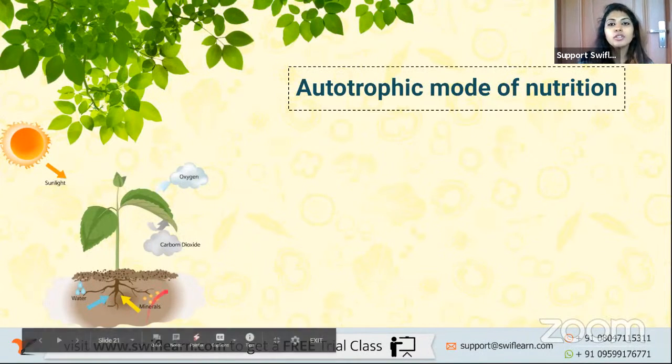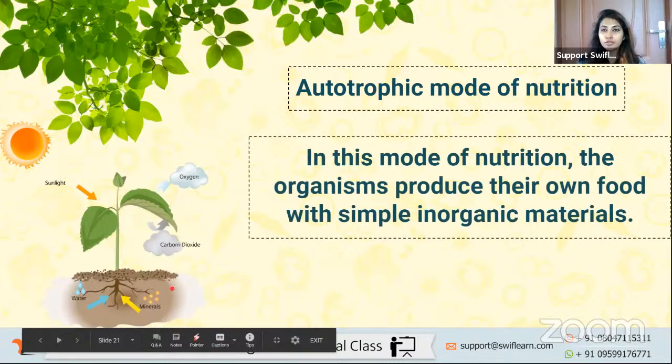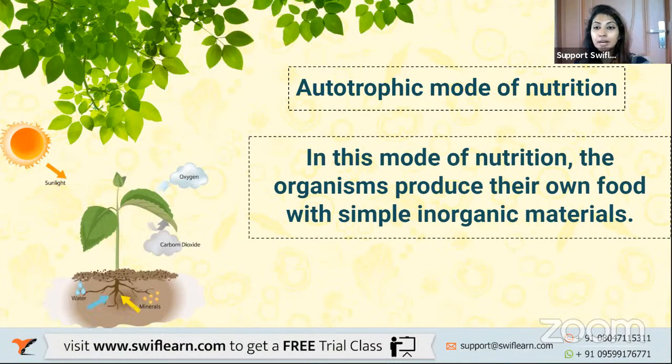Yeah. So in the autotrophic mode of nutrition, the organism produces its own food with simple inorganic materials. With simple inorganic materials, the plants are making their own food. That is exactly what is called the autotrophic mode of nutrition. They do not need to depend on any organism.